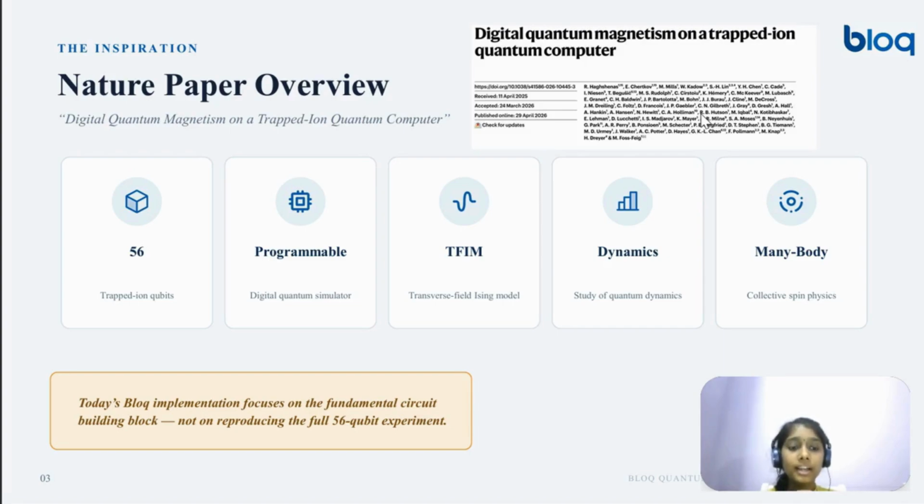By repeatedly applying carefully designed quantum gate sequences, they were able to investigate collective spin dynamics and many-body quantum behavior that are extremely difficult to study using classical computation. In this tutorial, even though we won't be reproducing the full experiment, we'll create the fundamental circuit building block on Bloq that makes these simulations possible.